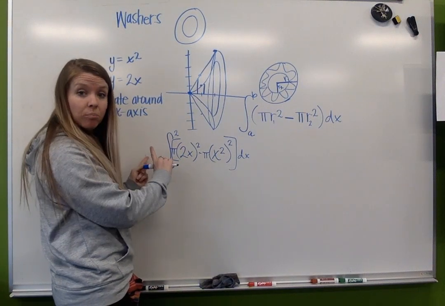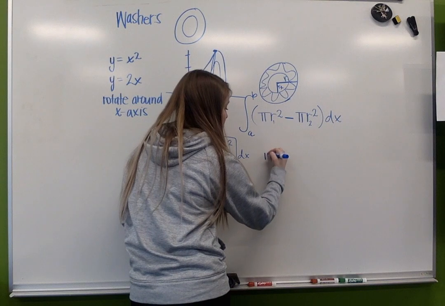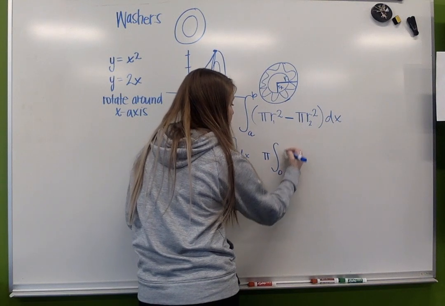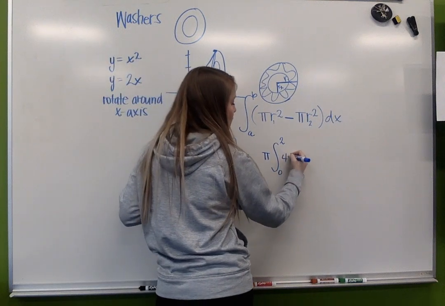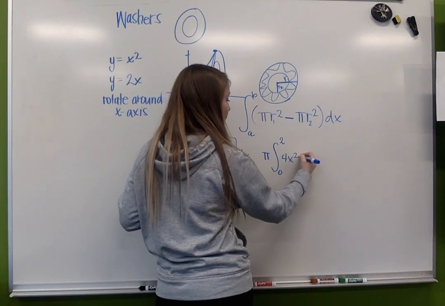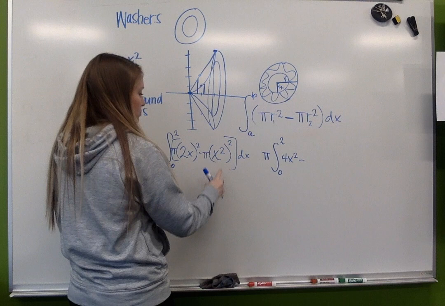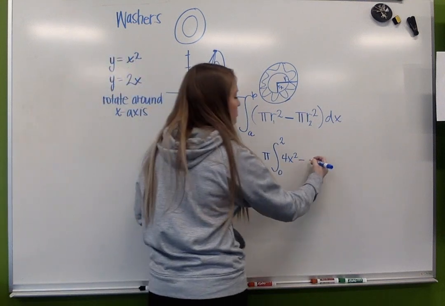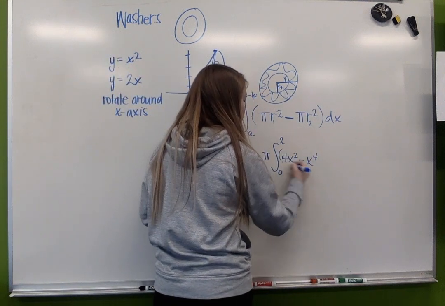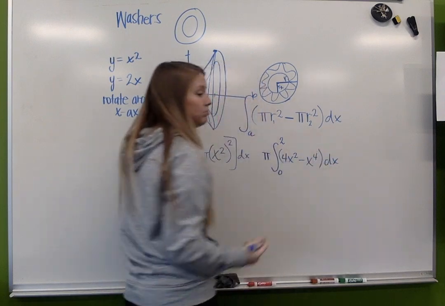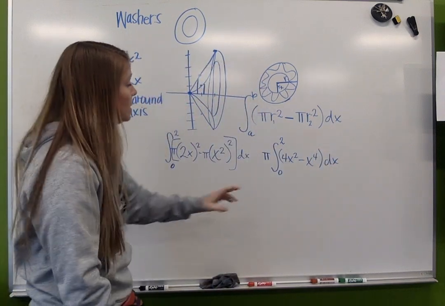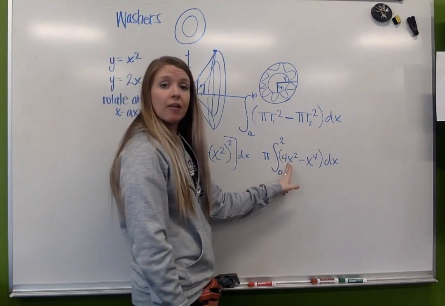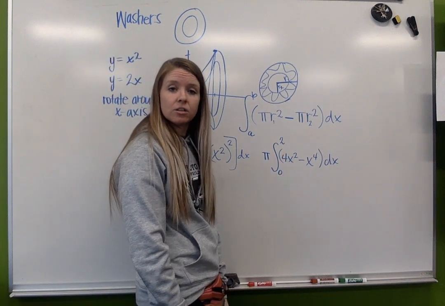We're going to do the same thing here. I'm just going to factor out pi from 0 to 2, 2x squared is 4x squared minus x squared squared, which is x to the 4th. Okay, so all we're doing here is finding the area of the outer circle minus the area of the inner circle.